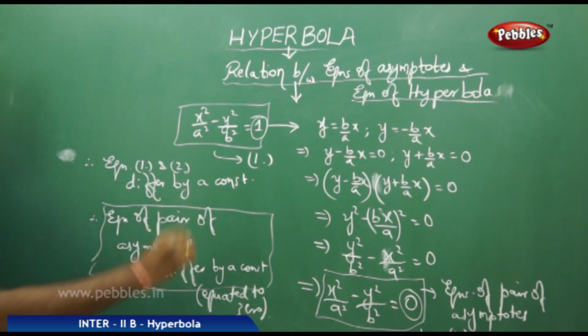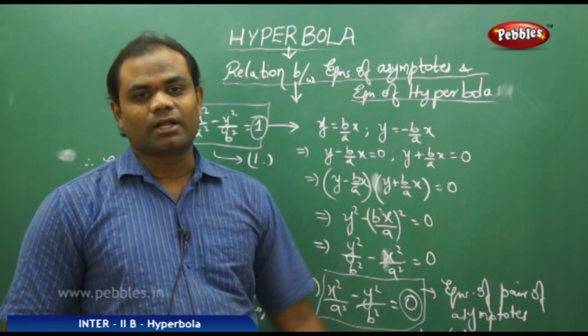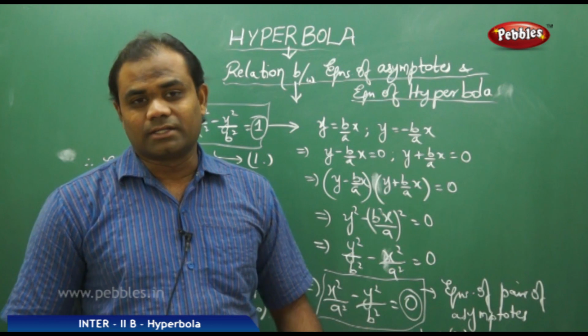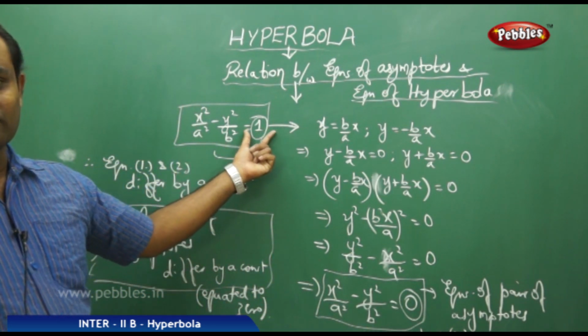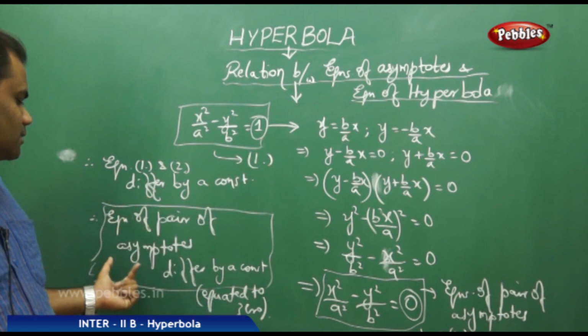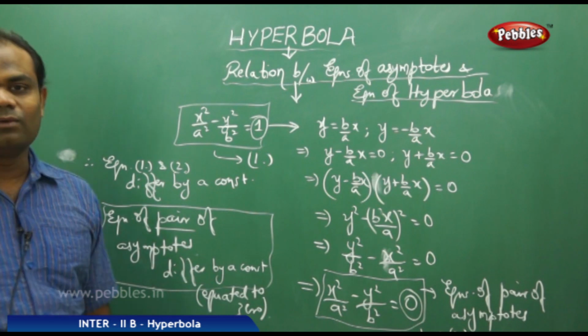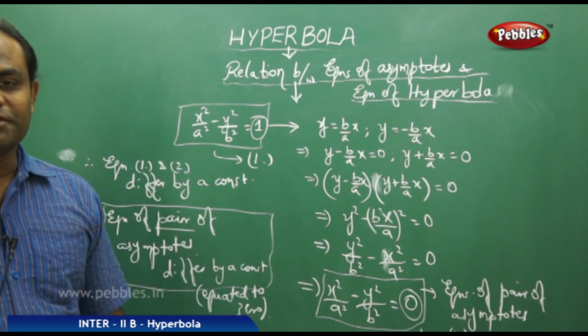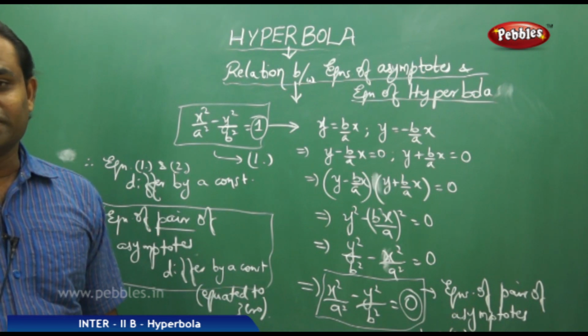That is how we understand the equations of the asymptotes and equation of hyperbola connected to the constant. If I equate the right hand side constant of the hyperbola to 0, I get the equation of pair of asymptotes. That's how I understand the relation between the asymptotes and the hyperbolic equation.